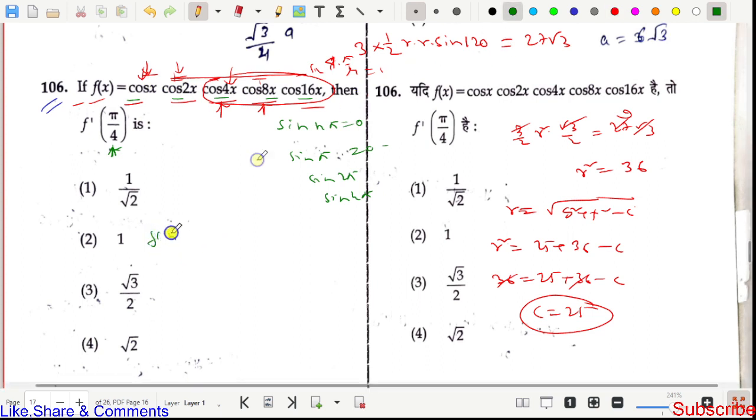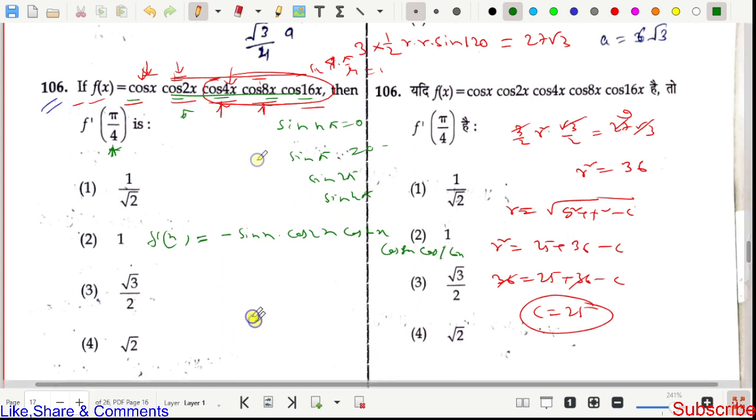That means f dash x will be the derivative of the first term, that is minus sine x, keeping the rest of the terms the same: cos x, cos 2x, cos 4x, cos 8x, cos 16x.